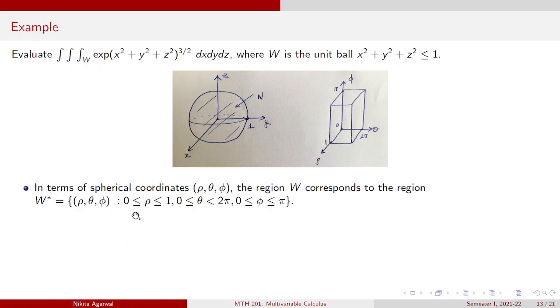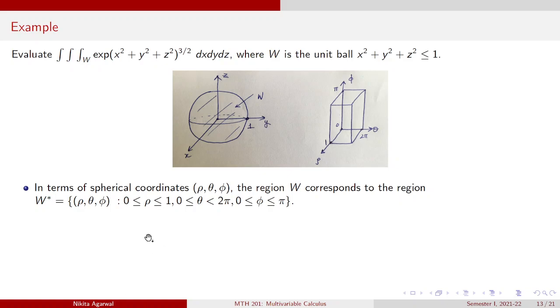So rho goes from 0 to 1. Theta can take any value from 0 to 2 pi and phi also can take any value from 0 to pi. So spherical name comes from the fact that when you have a sphere, it takes such a nice form, right? So spherical coordinates are naturally designed for giving coordinates to points in a sphere.